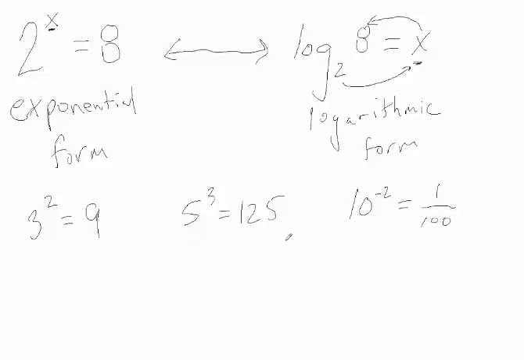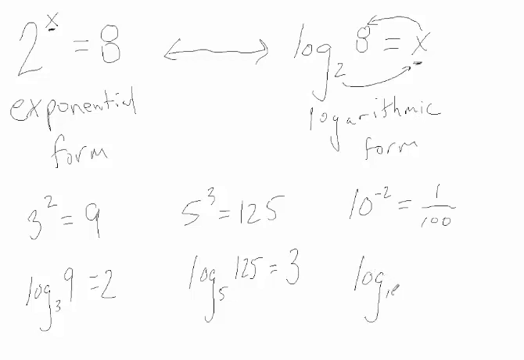These are exponential forms. In logarithmic form, this would be log base 3 of 9 equals 2. This would be log base 5 of 125 equals 3. And this would be log base 10 of 1/100 equals negative 2.